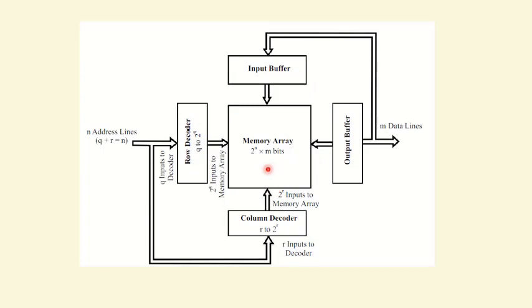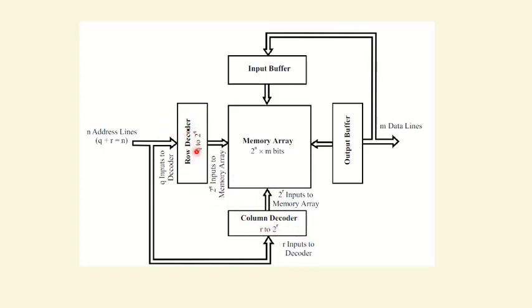If the size of the memory is given by 2 to the power n cross m, then n is the number of address lines. At the input side there is a row decoder, and there will also be a column decoder.